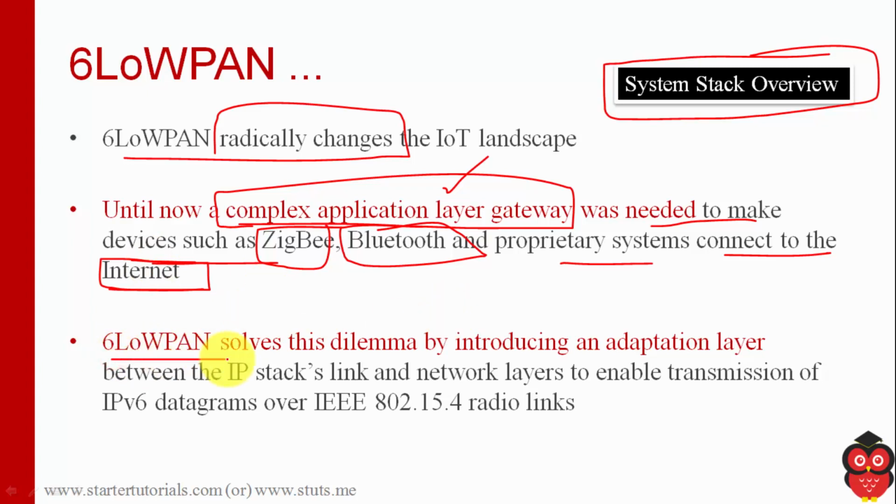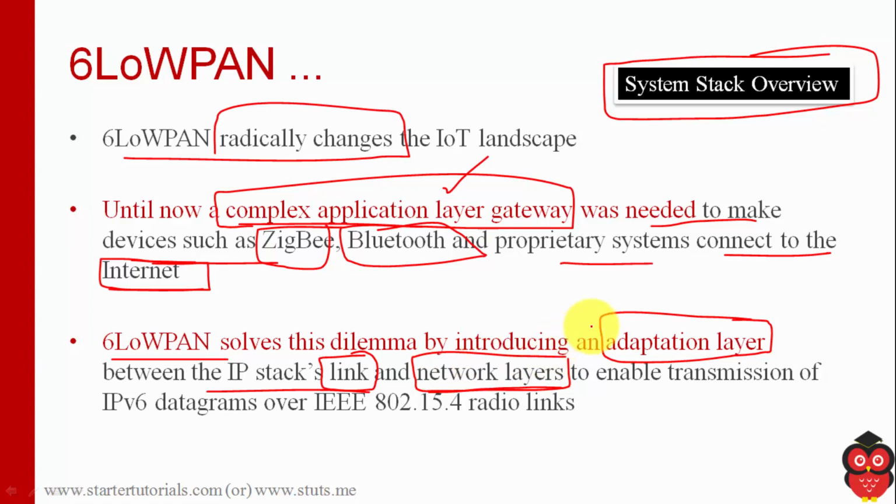And 6LoWPAN solves this problem by introducing a new layer, the adaptation layer, between the IP stack's link and network layers. If you remember the TCP/IP model, at the bottom we have the link layer, and on top of the link layer we have the network layer.